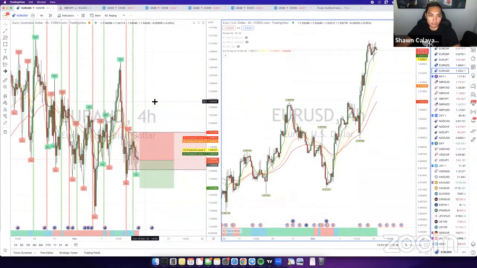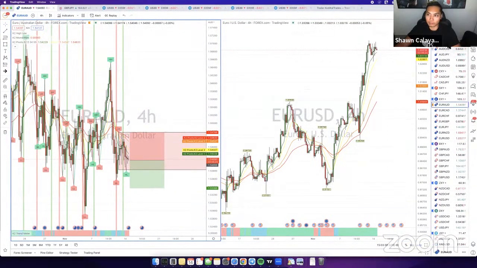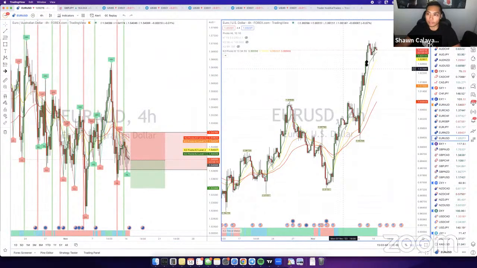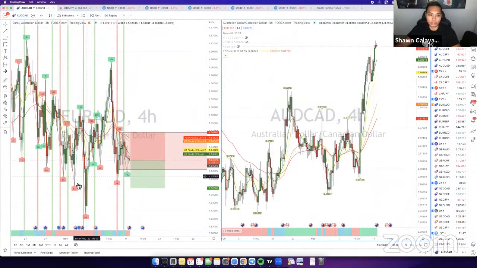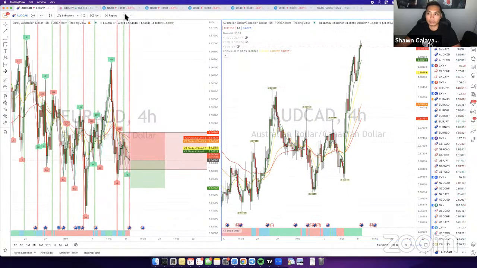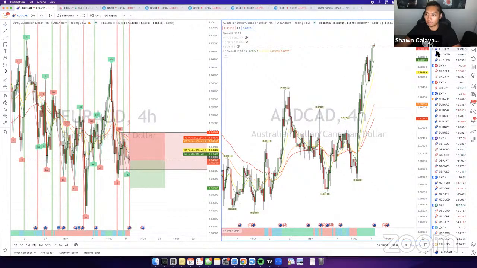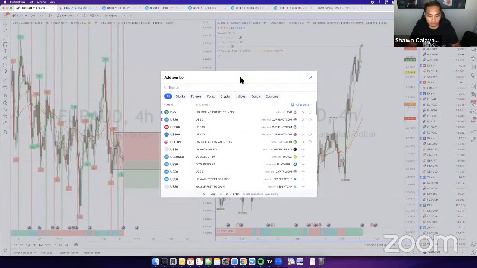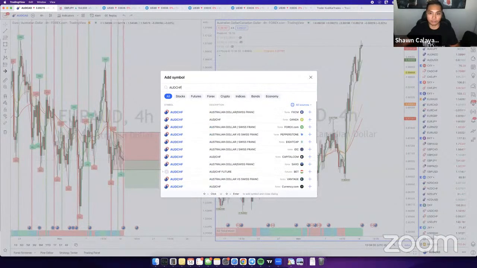What you want to look for next is the AUD pairs, to see if the AUD pairs are actually going up. Because if these are going up, then this will be okay with your entry still, because this is going to show you that this is probably going to come down. So AUD CAD is going up. Accidentally. I hate when I accidentally click this right here. Let me add this symbol again. Sorry. AUD CHF.